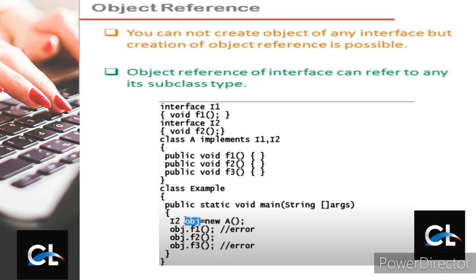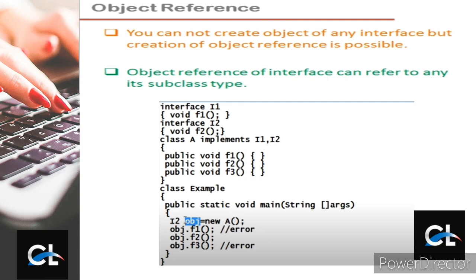If we have one class, for example A, and I am going to create an object with I2, like I2 obj equal to new A with brackets.